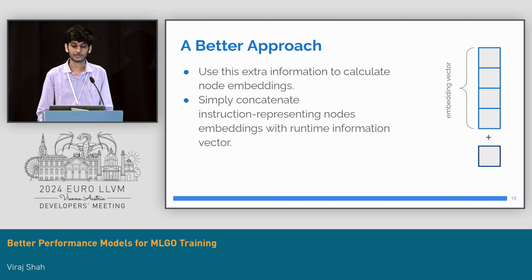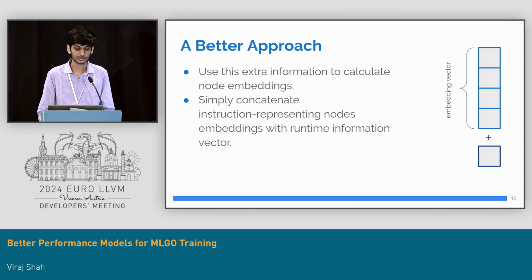To incorporate this extra runtime information into Granite-like models, we can use it as part of computing the embedding vectors for instruction nodes by ordering individual instruction level runtime metrics and then appending them to the ends of plain embedding vectors made without taking any runtime effects into consideration, and then letting the base model have those extra embedding elements flow into the rest of the computation graph, and in general, just handle how those values actually end up being used in the performance estimate.